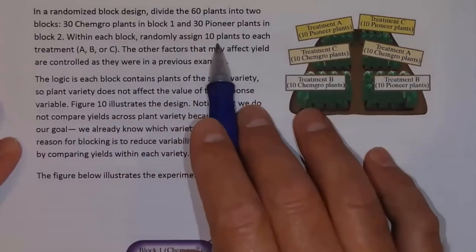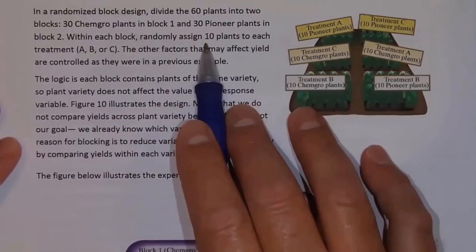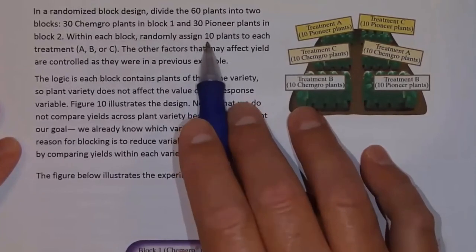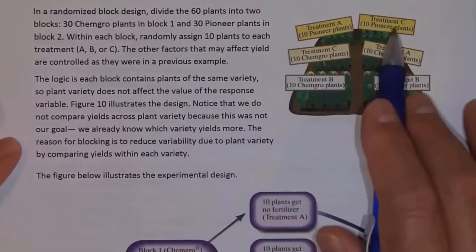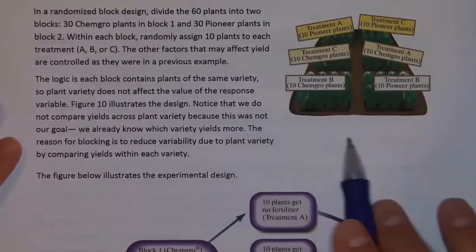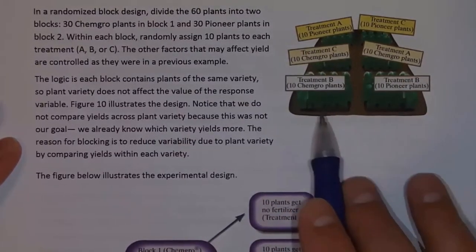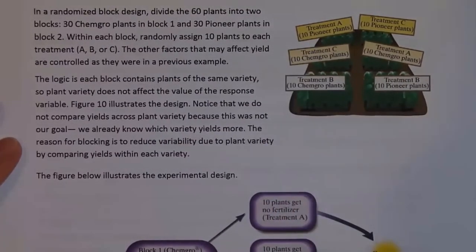And then the same for the Pioneer. 10 of the Pioneer plants are going to be in the control group receiving no fertilizer. 10 of the Pioneer plants are going to get 2 teaspoons of fertilizer every 2 weeks. And 10 of the Pioneer plants are going to get 4 teaspoons of the fertilizer every 2 weeks. So this picture here I included from our book because it gives you the visual of blocks, right?